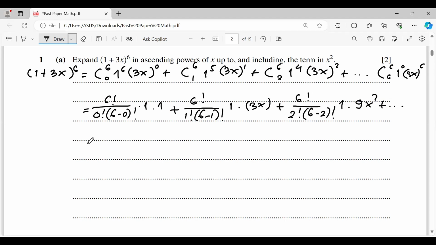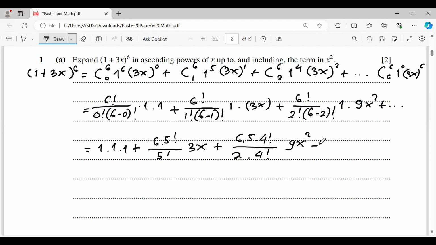Okay. So it's going to be 6 over 6 equals 1, times 1 times 1. This is 6 times 5 factorial over 5 factorial times 1 times 3x. This is 6 times 5 times 4 factorial over 2 times 4 factorial times 9x squared.